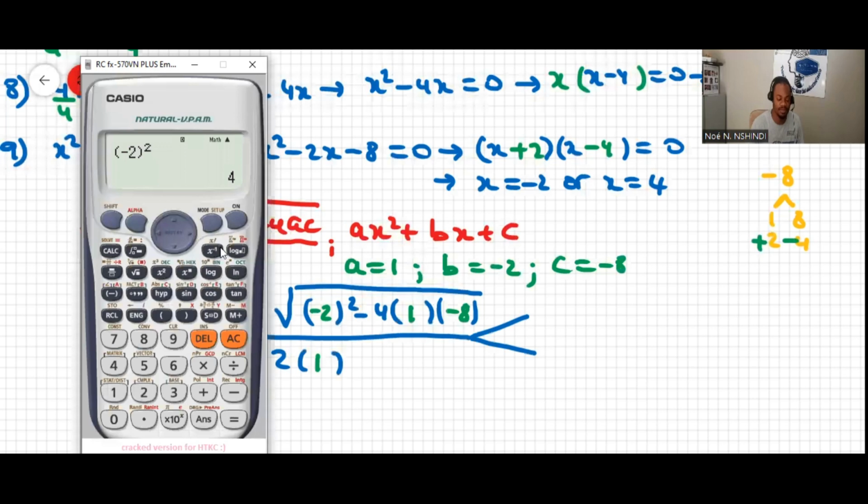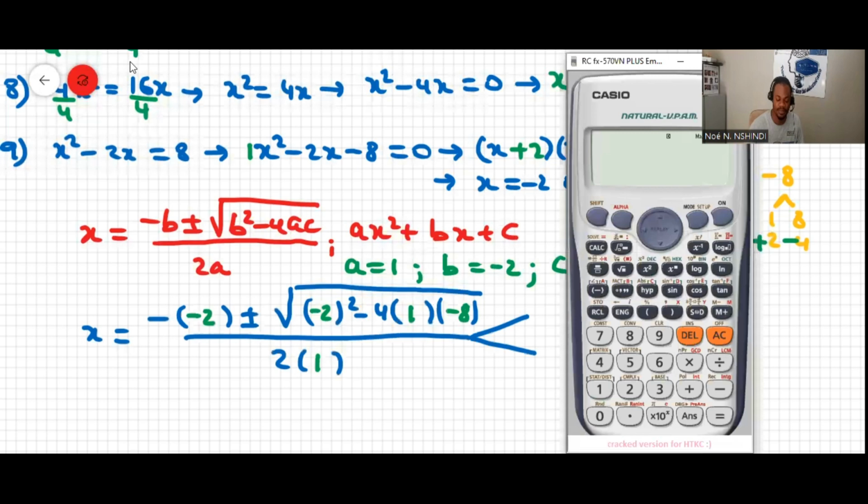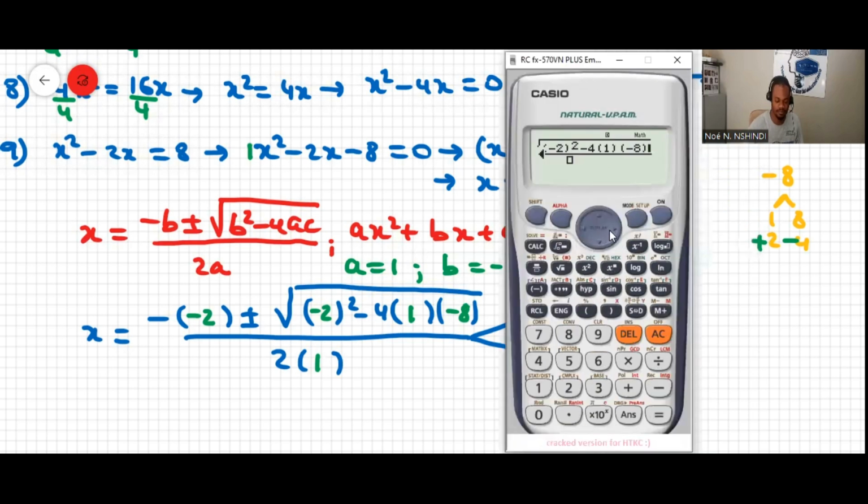Now I can use my calculator. We have negative, open bracket, negative 2, close bracket, plus square root of negative that squared, b squared, minus 4, open bracket a, and then c, which is negative 8, over 2a.